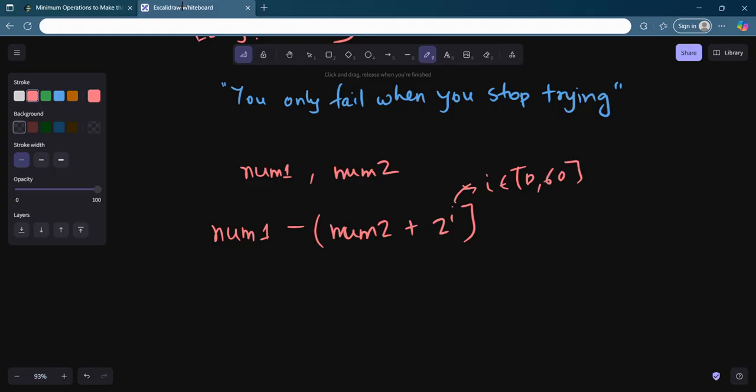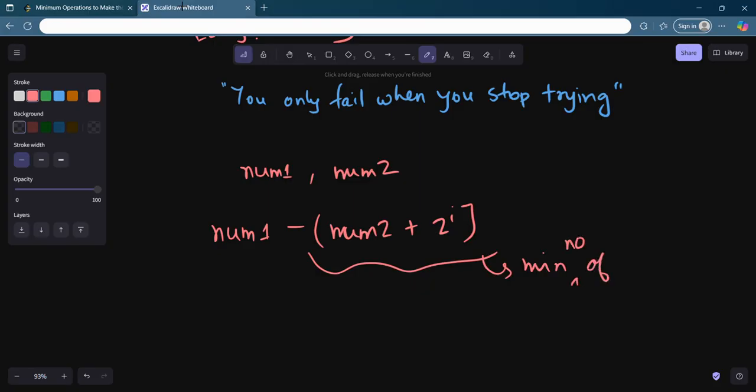So you can subtract, let's say 2 to the power 0, which is 1, or you can subtract a very large number, let's say 2 to the power 60. I hope you understood what the problem statement says at least. And we need to find the minimum number of operations. So how many times we need to subtract this? That is nothing but the minimum number of operations. This is what we want to calculate.